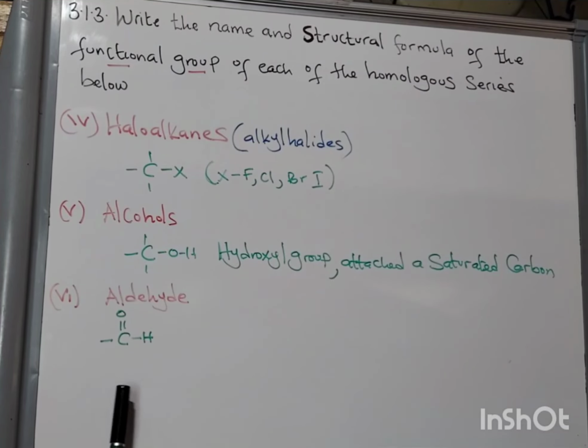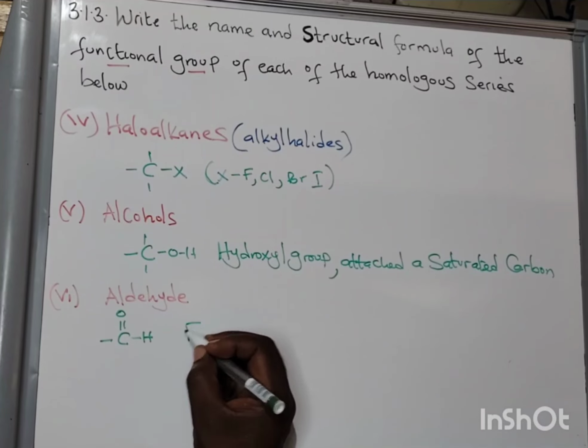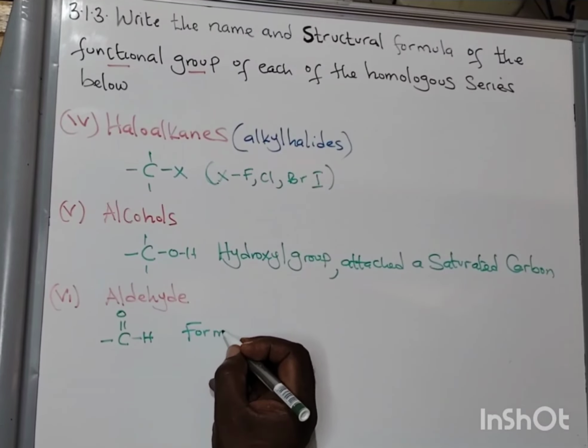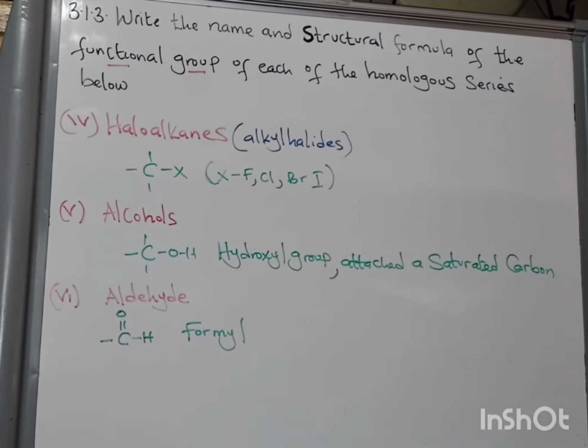So what you see here is the functional group of aldehyde. The terminal carbonyl atom attached to hydrogen. And the name is formyl. That's the name of the functional group.